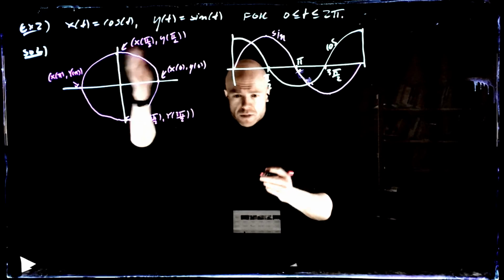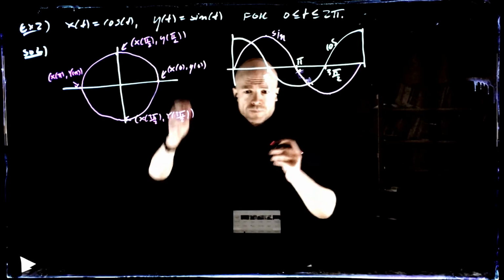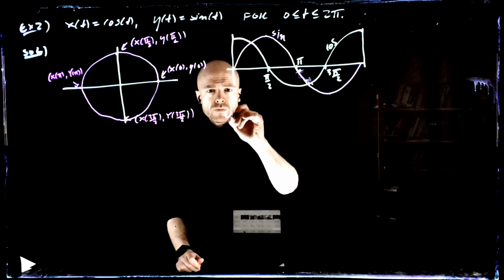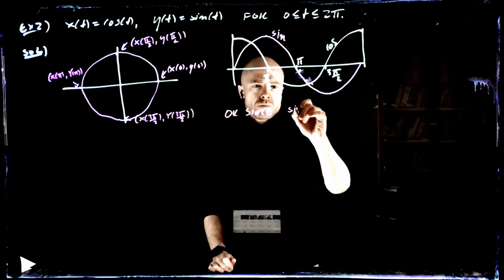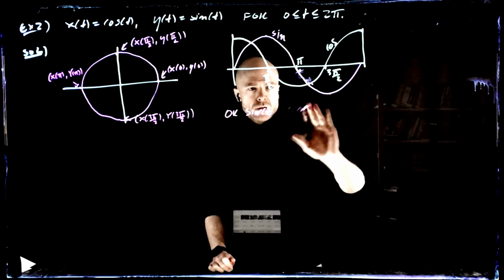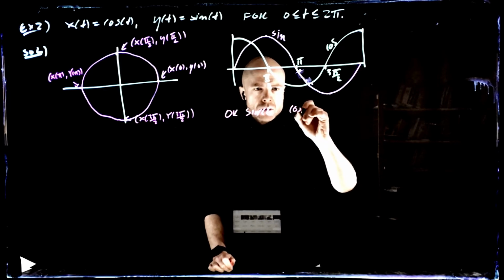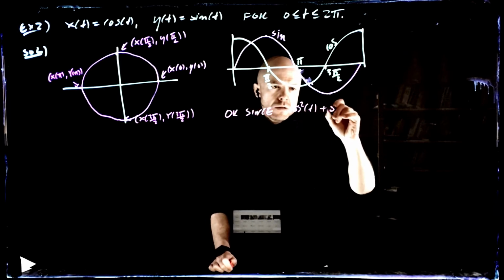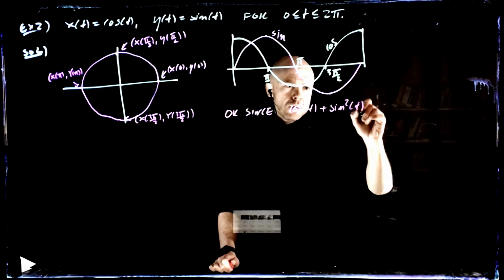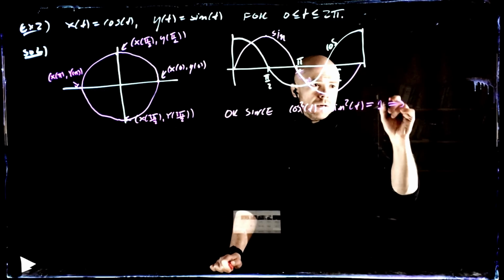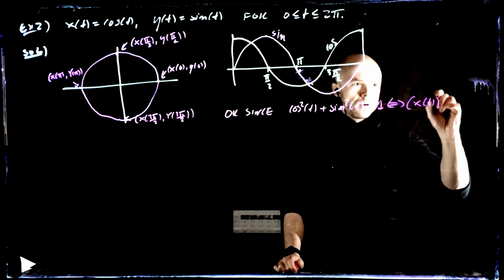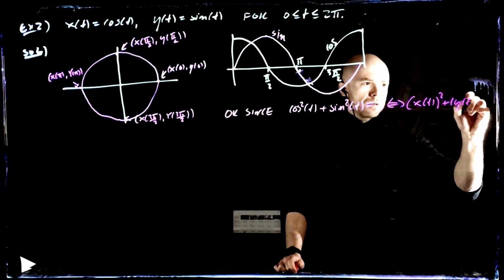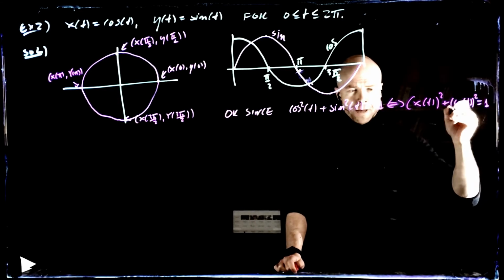Okay. Or we could look at this and observe the following. We know that cosine squared plus sine squared is equal to 1, right? That's the same as saying that x of t squared plus y of t squared is equal to 1, yeah?